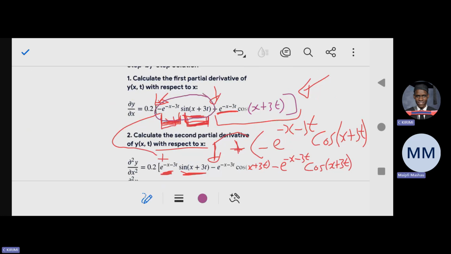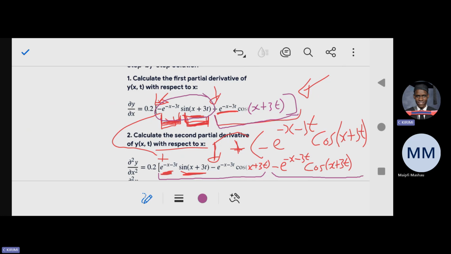That's why when we got these terms, it was only the first part. Now we are dealing with the second part, so that we get the other 2 terms, so that there are 4. You get what I'm saying?